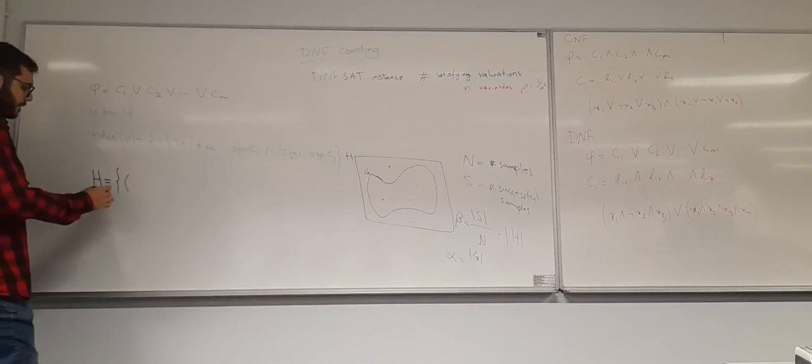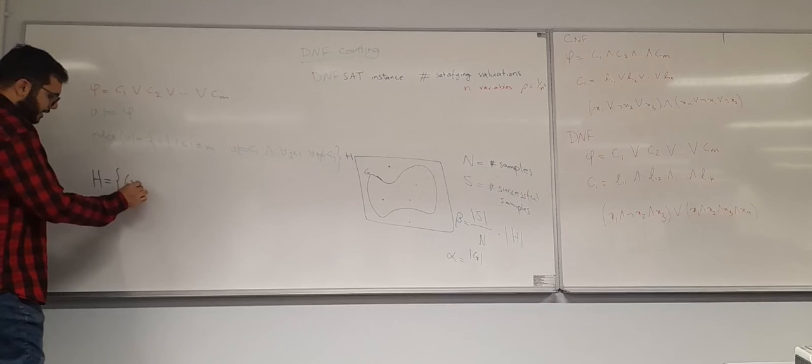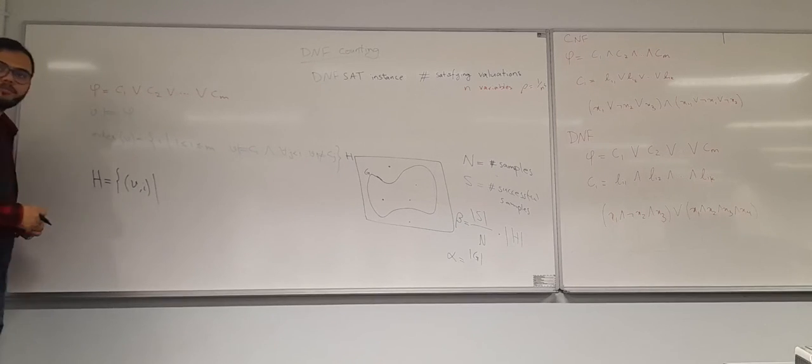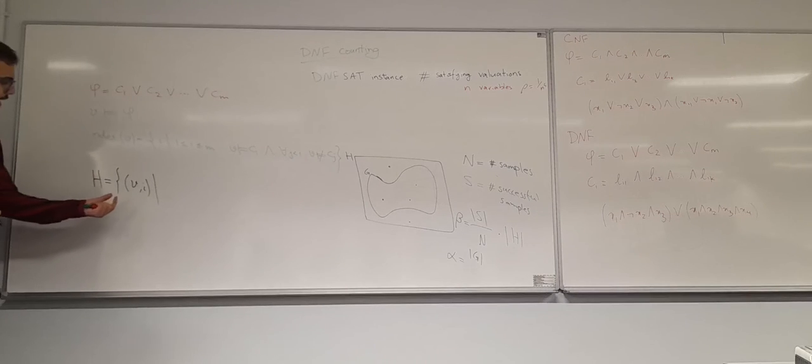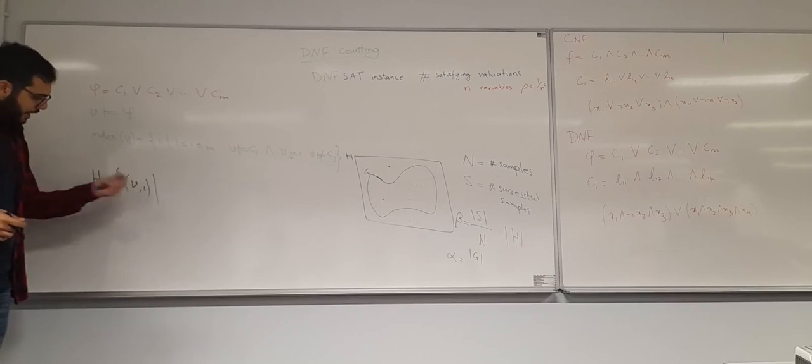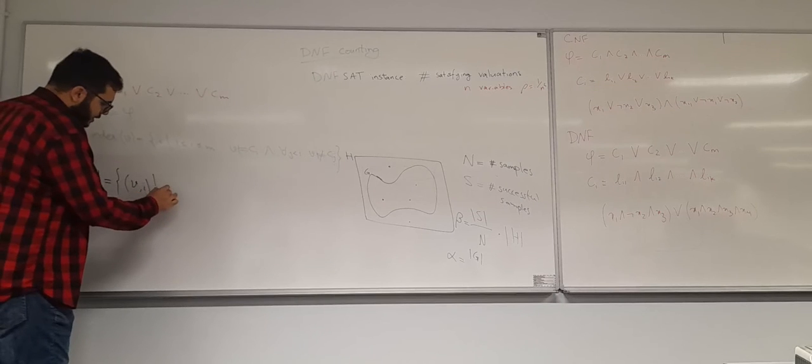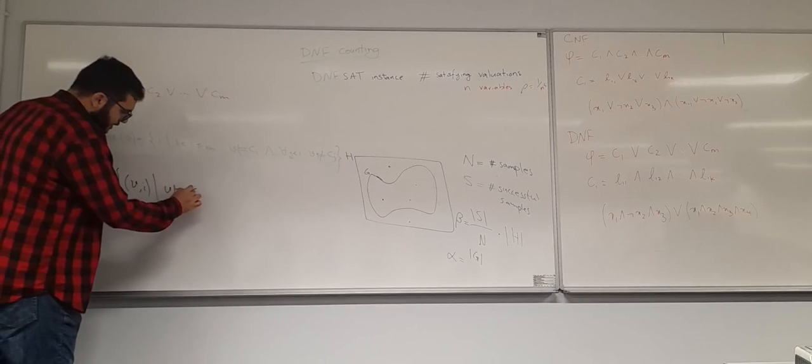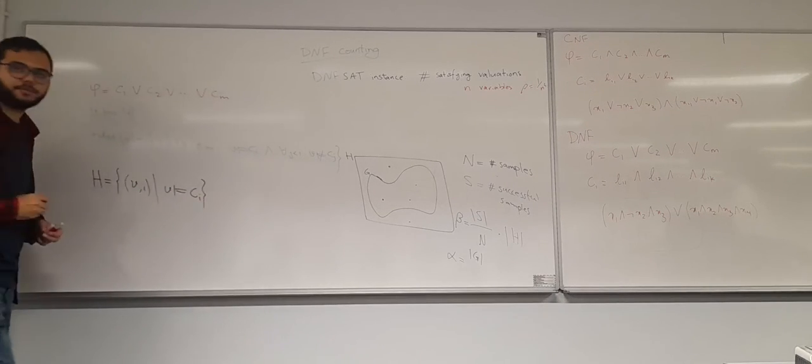I want pairs of valuations and indices. Okay? And the idea is that I take every possible valuation and every possible index such that this valuation satisfies the clause at that index.